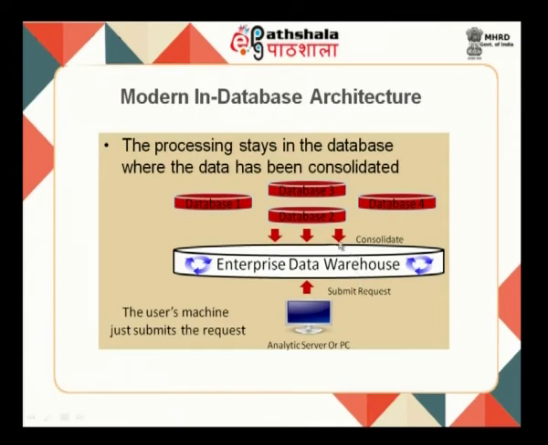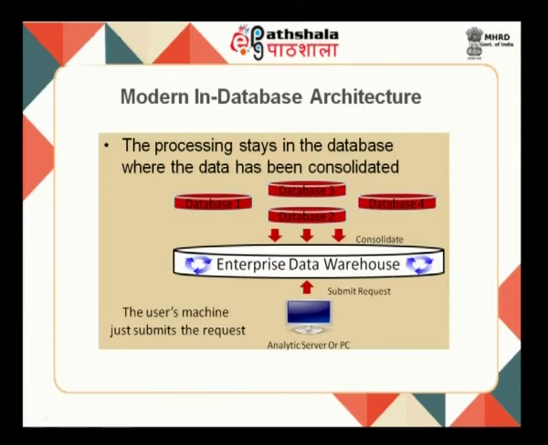So, we have different data and data sources, we pull all this data, which may be relevant or irrelevant for the given analysis. So, we need to do some level of pre-processing over the data, then get the quality data, consolidate it and then place it into the enterprise wide data warehouse.